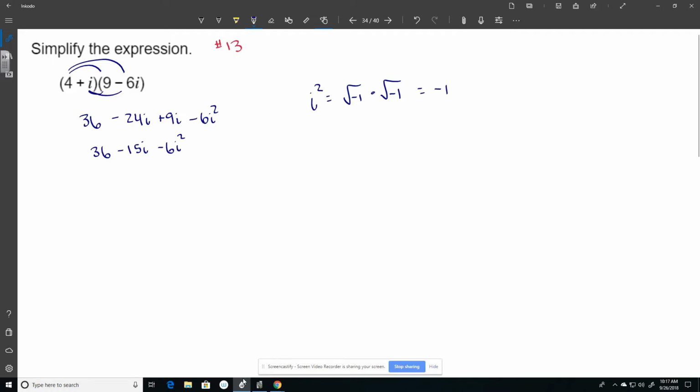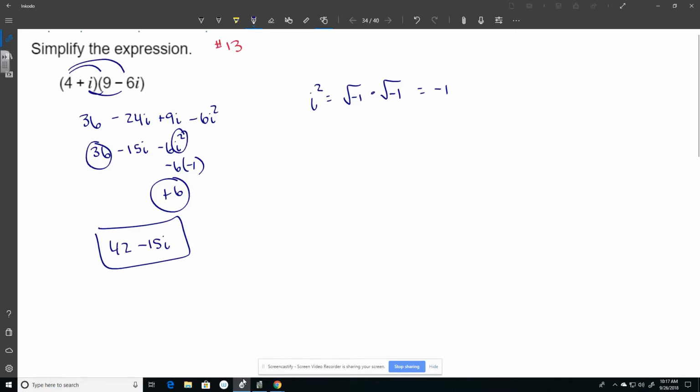So this i squared becomes negative 1. So negative 6 times negative 1 is actually a positive 6. So if I have a positive 6 and 36, I can combine those to be 42 minus 15i. When you simplify 2 complex numbers being multiplied, your answer should be a complex number. i squared shouldn't be part of your answer.